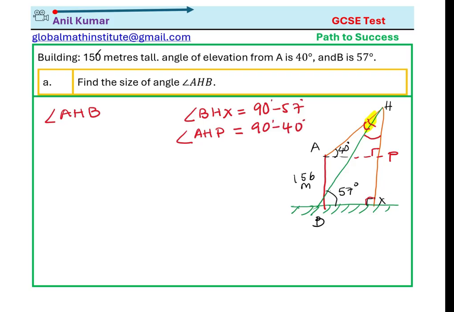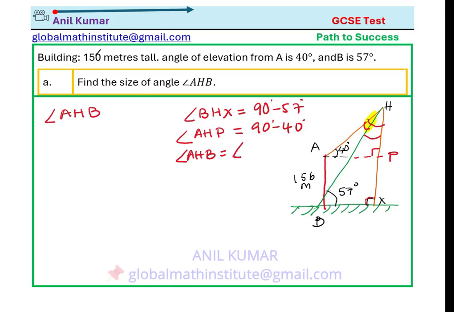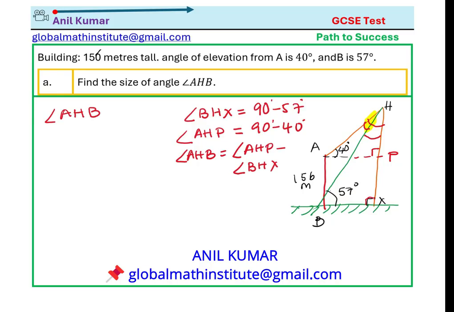So we found that angle. You get the whole idea. And now the required angle, which is AHB, is the difference of these two, right? Angle AHP minus the angle BHX. Correct. You'll get the answer.